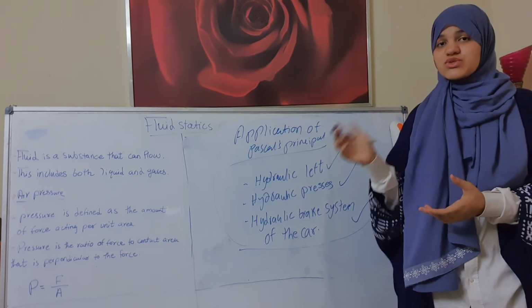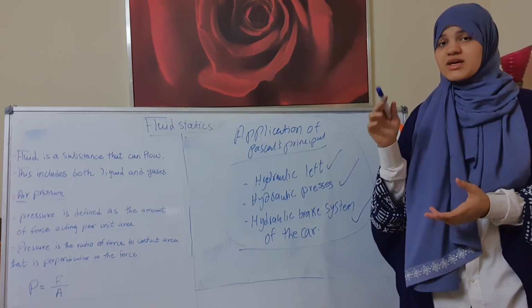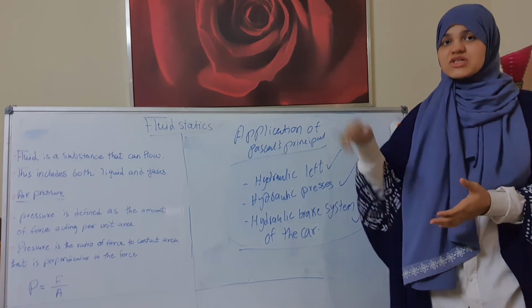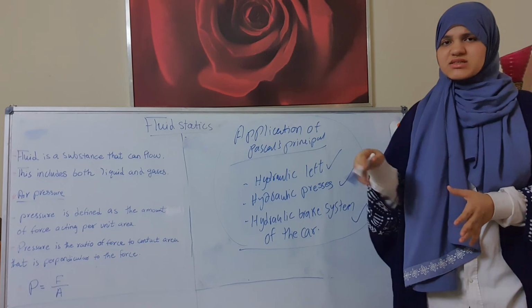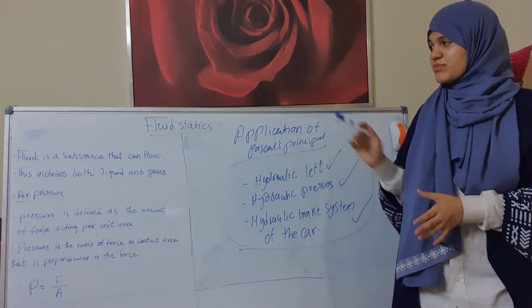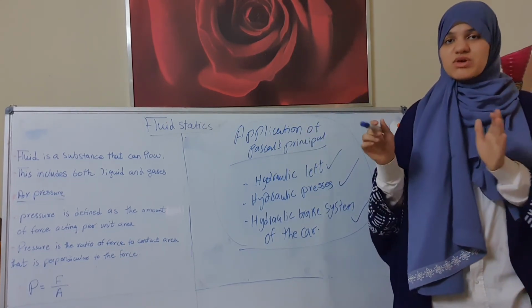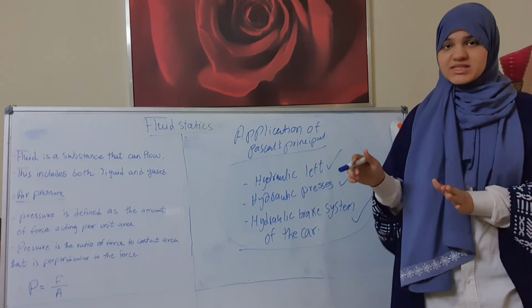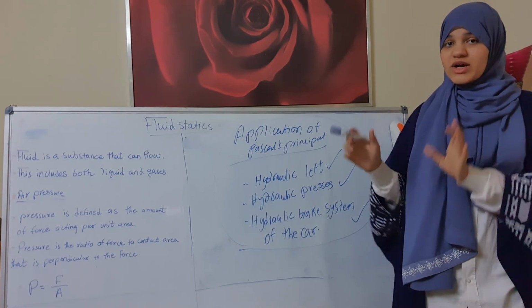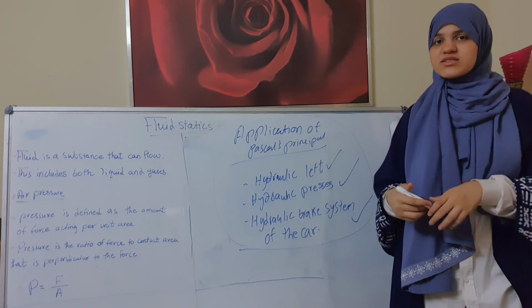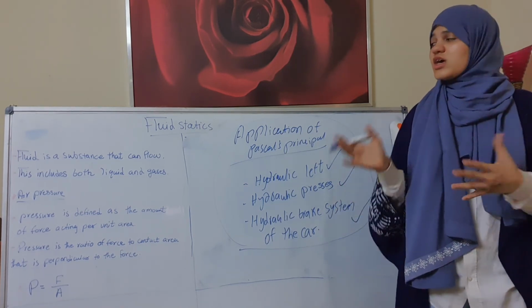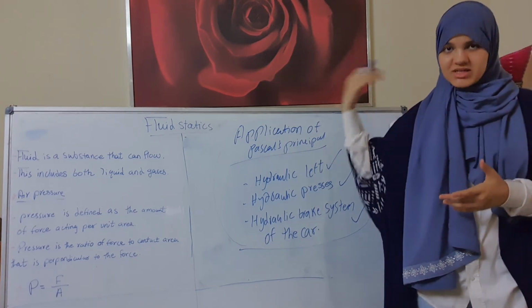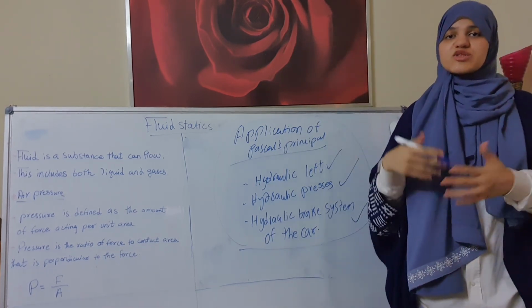For example, P is equal to P atmospheric plus rho g h, density times g h. So that means total pressure is equal to atmospheric pressure plus the gauge pressure. In the coming next video, we're going to explain about these topics.